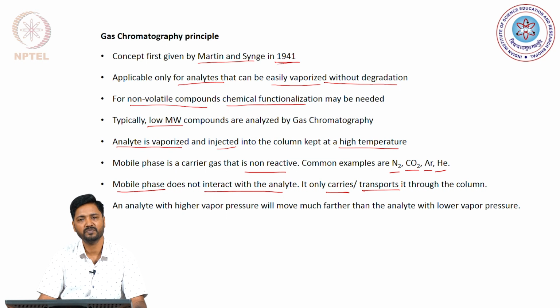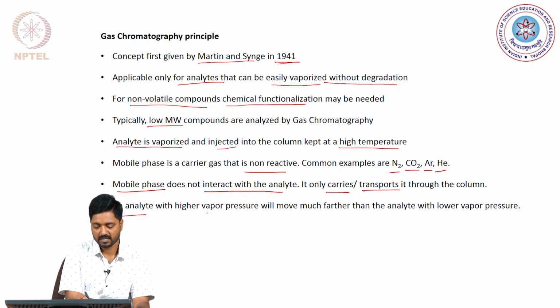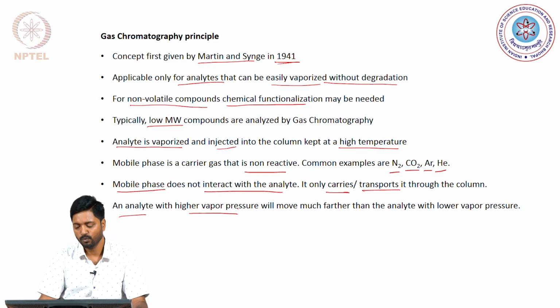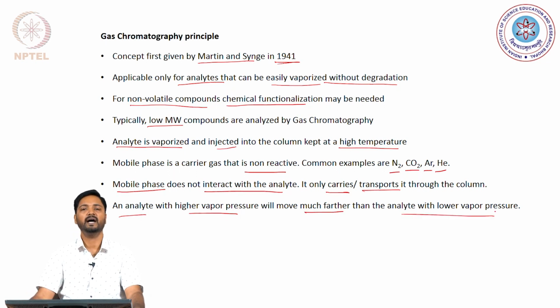As we can think, we require our analyte to be in a gaseous phase. So, an analyte that has higher vapor pressure will move farther than an analyte with lower vapor pressure, and this becomes a discriminating factor that helps us purify or separate analytes based on the vapor pressure they have at a particular temperature or the conditions in which the gas chromatography is being undertaken.